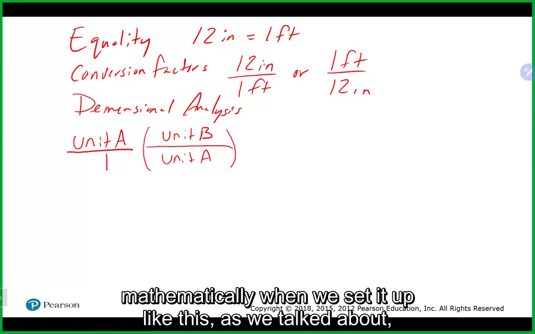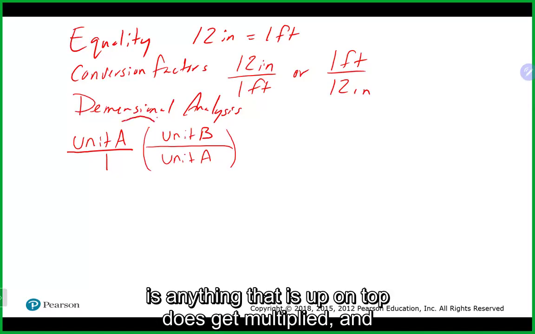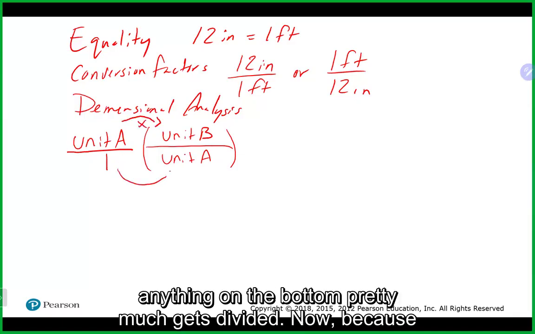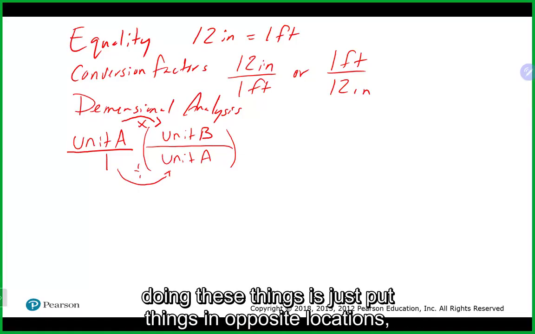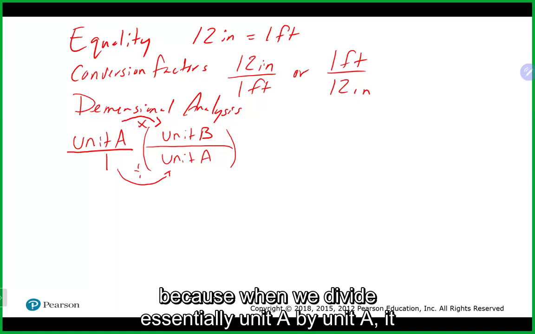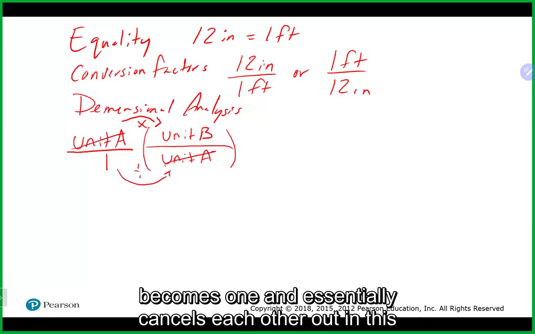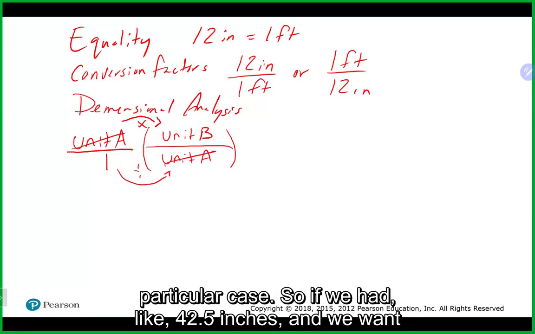What we do mathematically when we set it up like this is anything up on top gets multiplied, and anything on the bottom gets divided. Now, because opposites cancel, all you have to remember is to put things in opposite locations. Because when we divide unit A by unit A, it becomes 1 and cancels each other out.